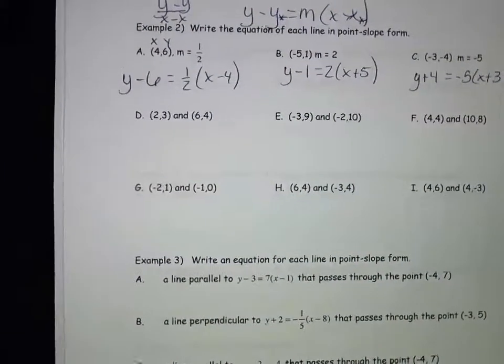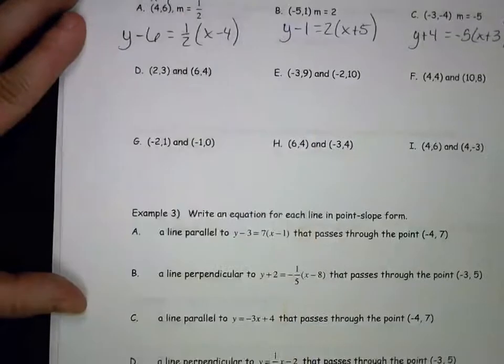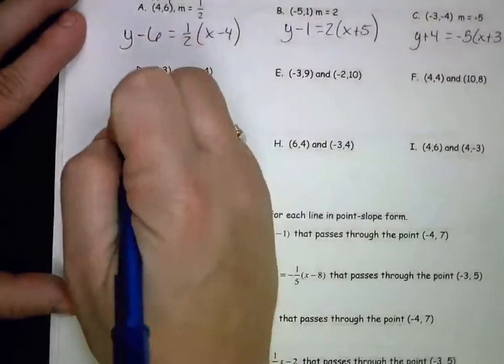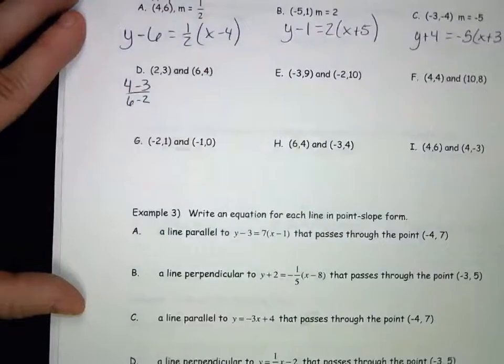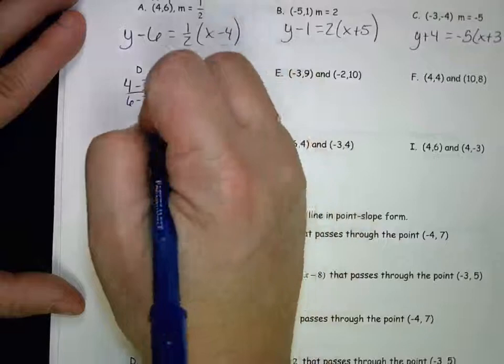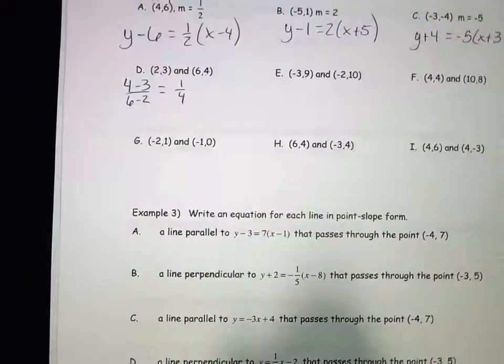Now D, E, and F, we need to find our slope first. So I wrote the first slope formula up there. 4 minus 3 over 6 minus 2, y minus y over x minus x, and that equals 1/4.